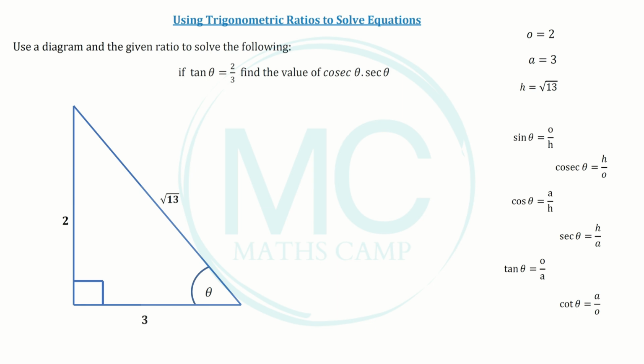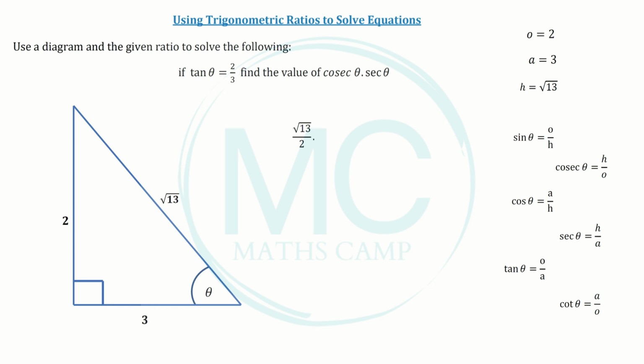Cosec theta multiplied by sec theta. Cosec theta is equal to the hypotenuse over the opposite side. Our hypotenuse is root 13, so we can say root 13 over the opposite side, which is 2, multiplied by sec theta, which is the hypotenuse over the adjacent.